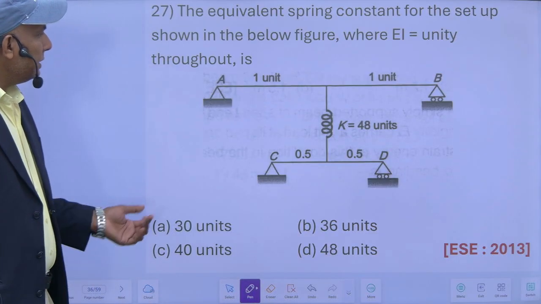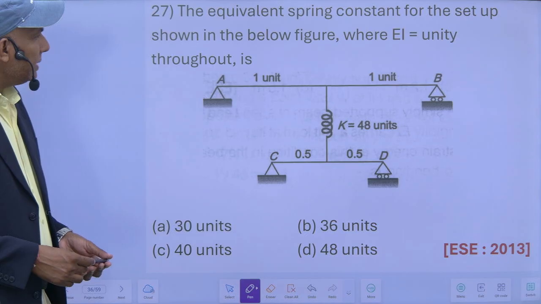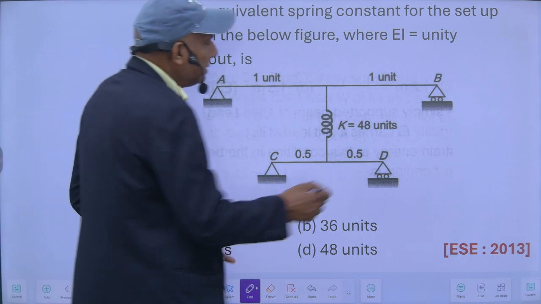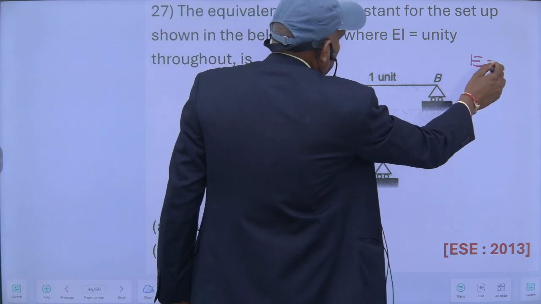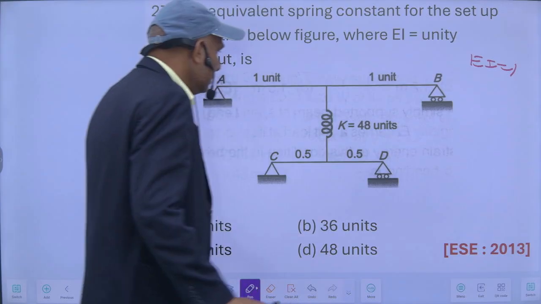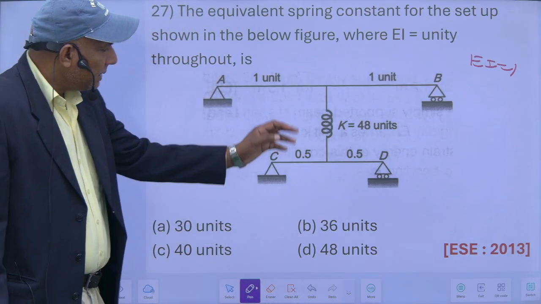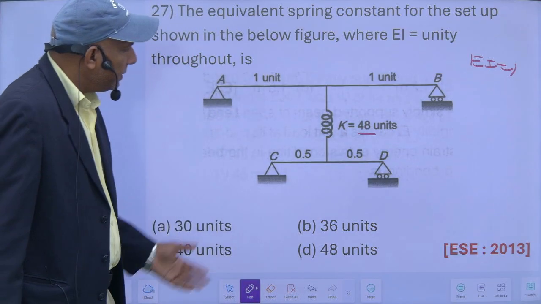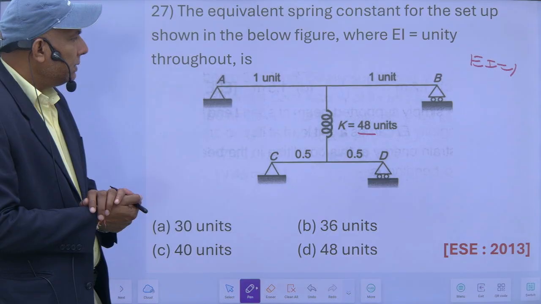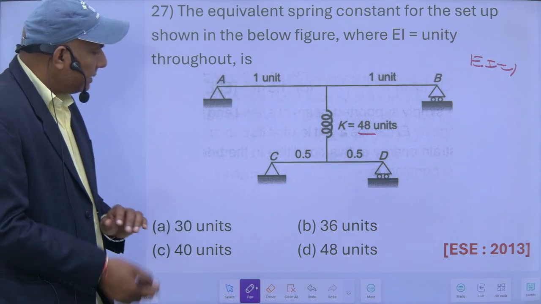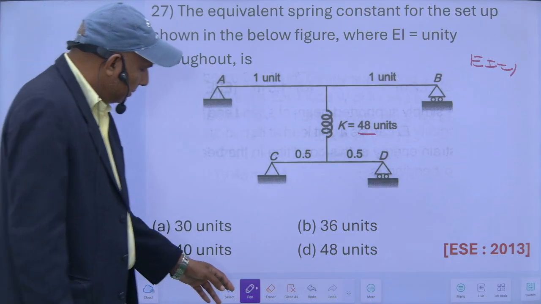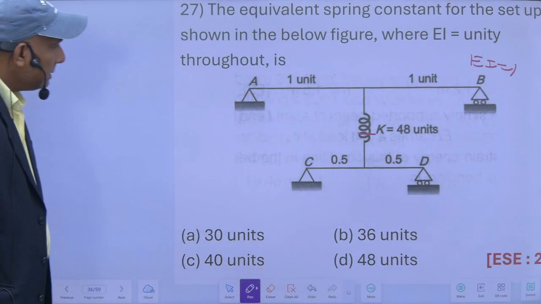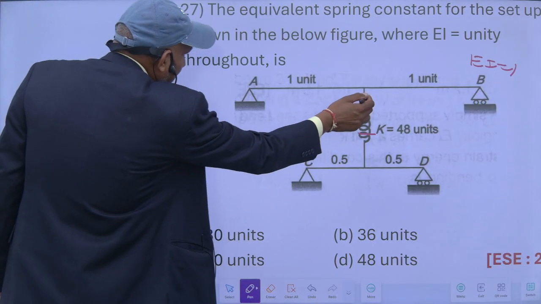So this is a simply supported beam. Find the equivalent spring constant for the set shown in the figure when EI is unity, so EI is equal to 1 throughout. There is a spring and its stiffness is 48 units, and another simply supported beam. If I treat it separately and draw the free body diagram, it will be like this. This spring will provide some reaction.